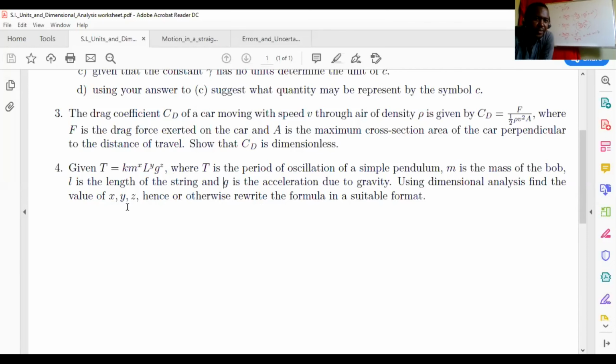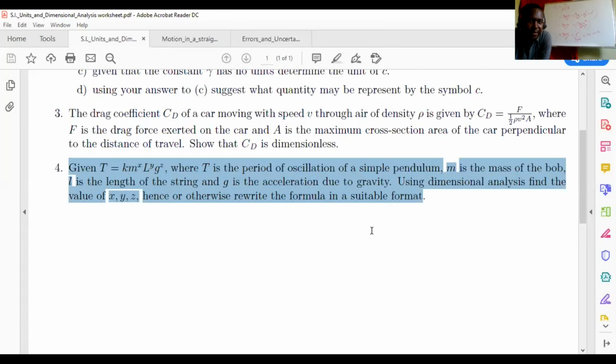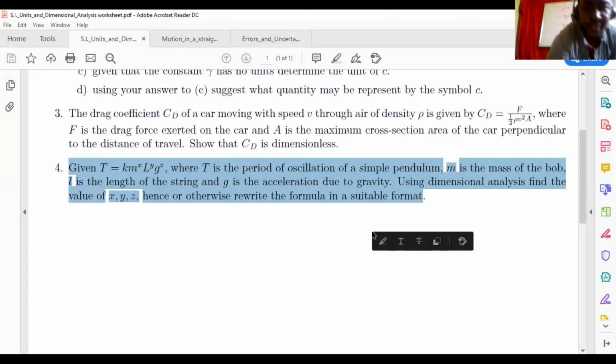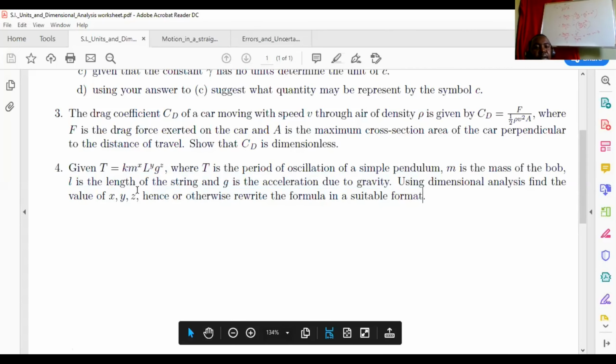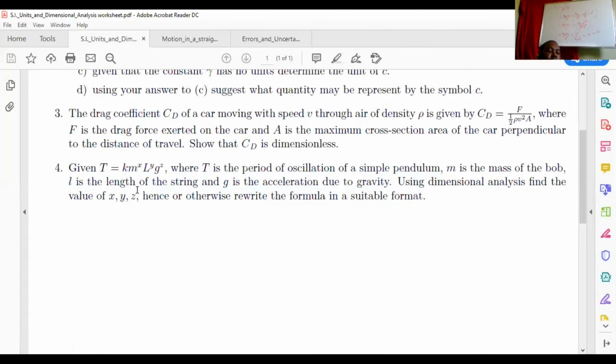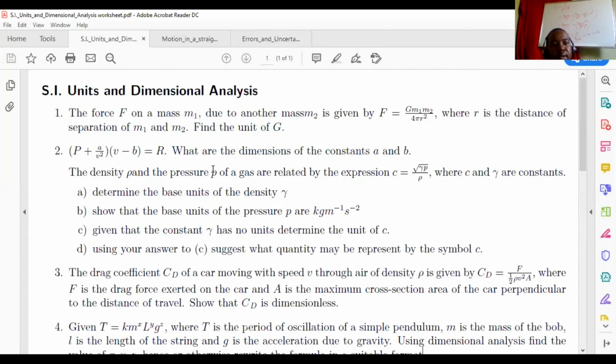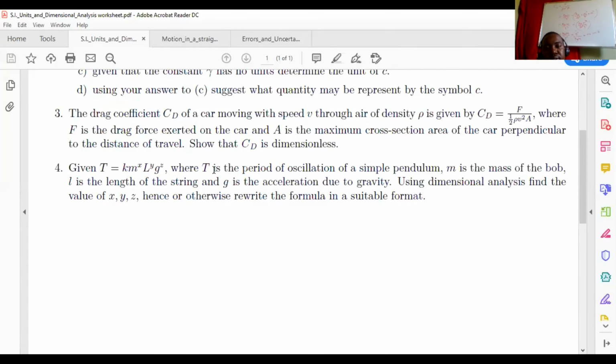All right, so with that said, you're going to try the last question for the last 5 minutes that we have remaining. So go ahead, you're finding the value of x, y, and z, just like how we did it for the previous question. Go ahead and try that one and tell me what you got for your values.